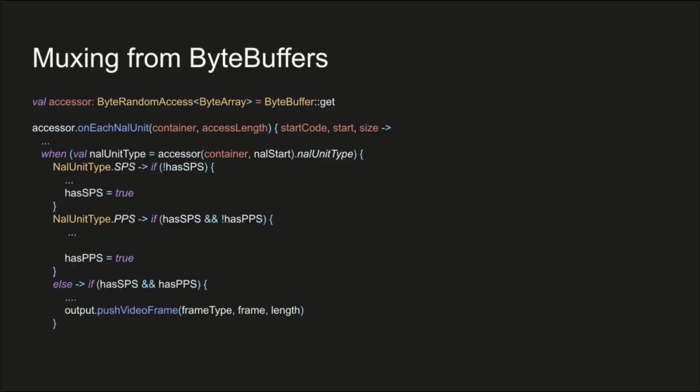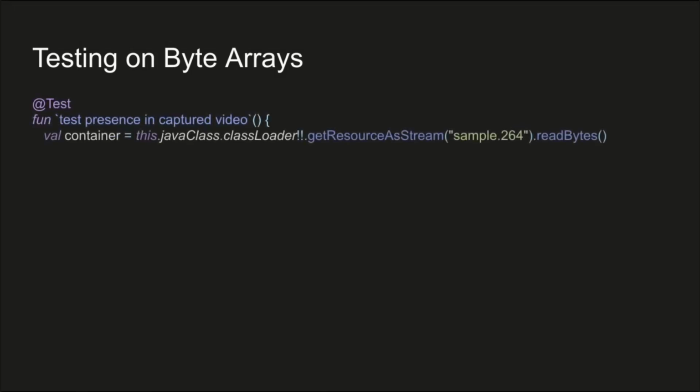Another case where I want to do something like this is when I'm testing, when I want to write a test for my FLV muxer. Typically, when you write a test, you have some static resource. In my case, in the repository, I have a sample 264 file. When I use a class loader to get the resource as a stream and read it as bytes, I now have a byte array.